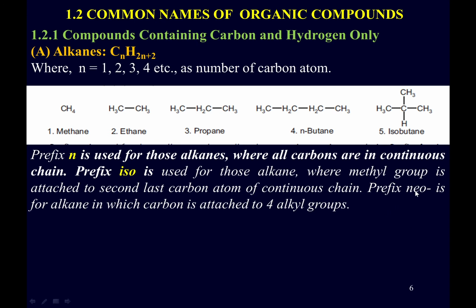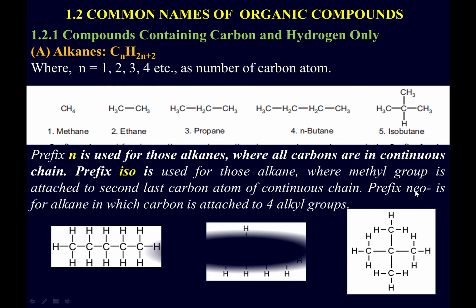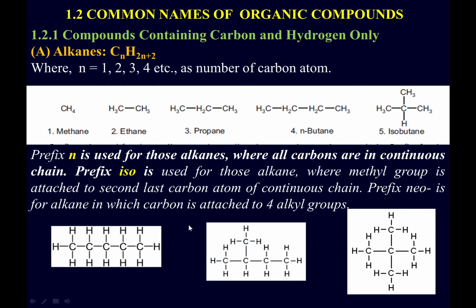Under what conditions these are given? Say for example, if it is a straight chain compound without any branching, it is given n prefix, so it is n-alkane. If it has got a methyl group at the second carbon, it is called iso. And if it has got a quaternary carbon which is attached to 4 carbons, it is called neo.